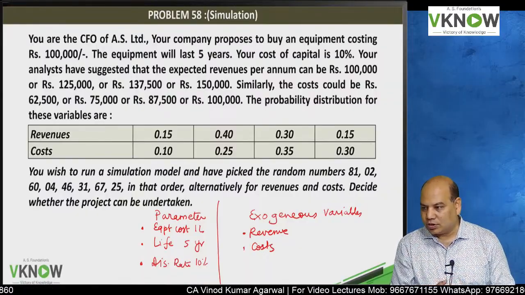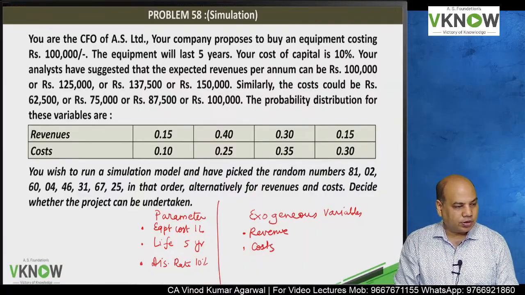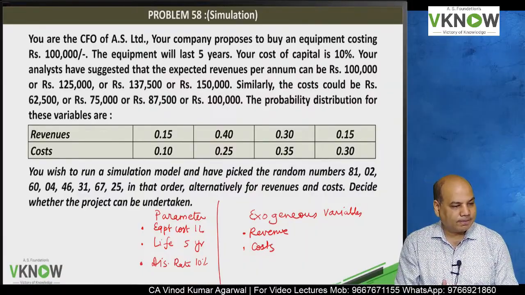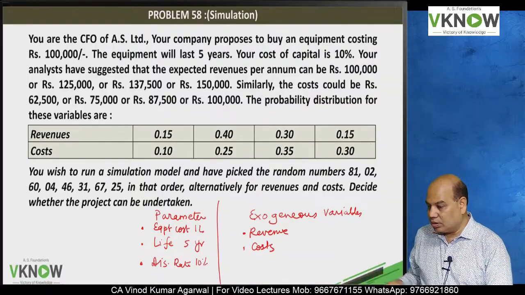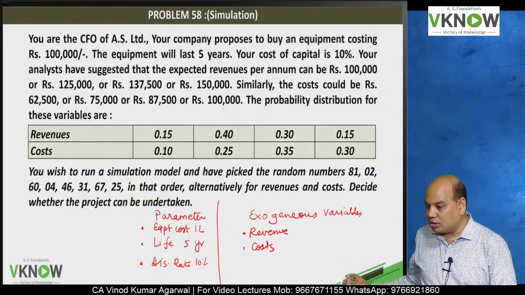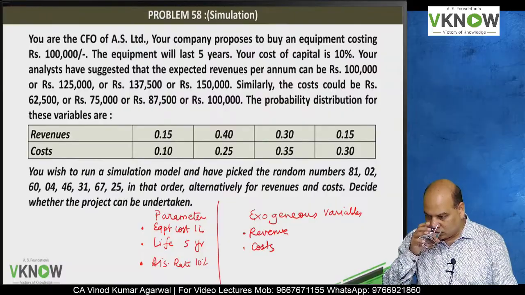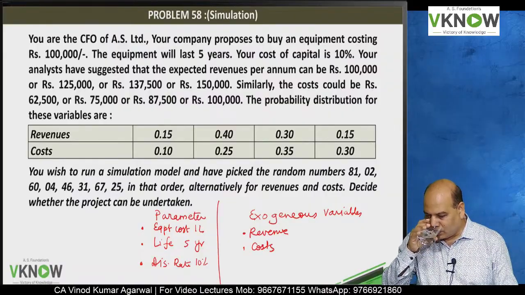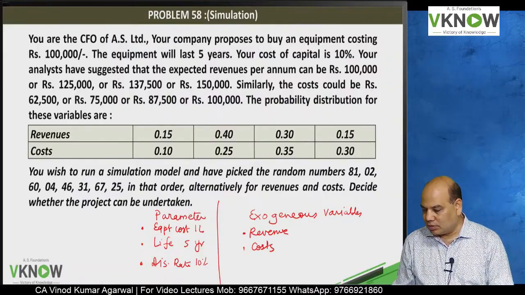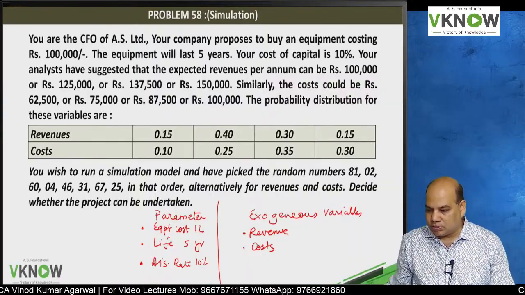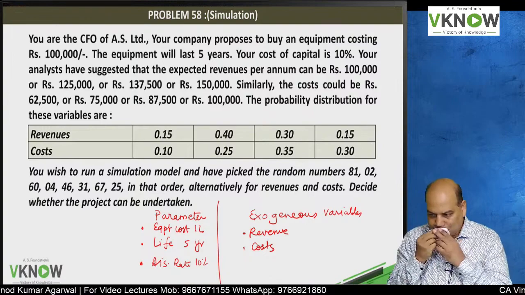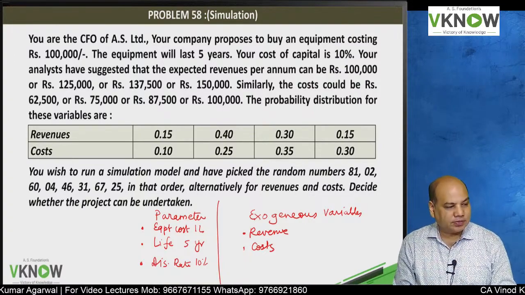In the given question, parameters are equipment cost 1 lakh, life 5 years, discount rate 10%.